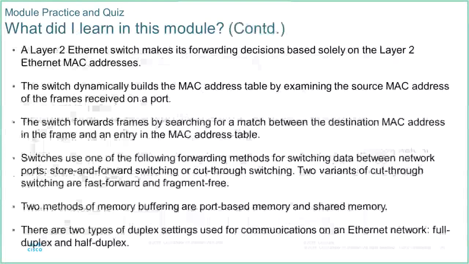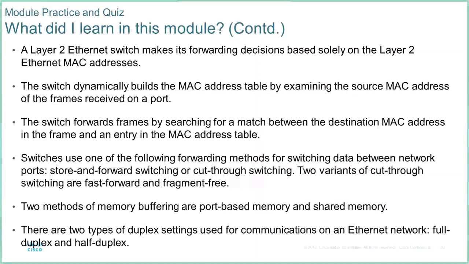Okay, so we then looked at forwarding decisions, how it uses a MAC address table to record the port that the frame is received on against the source MAC address, and then makes forwarding decisions based on that table.